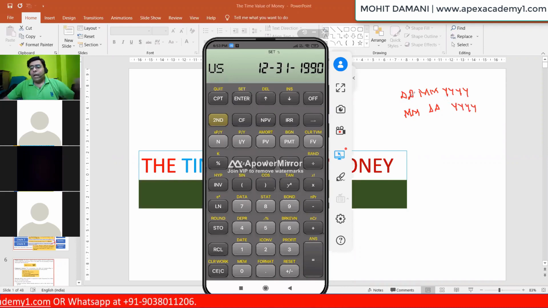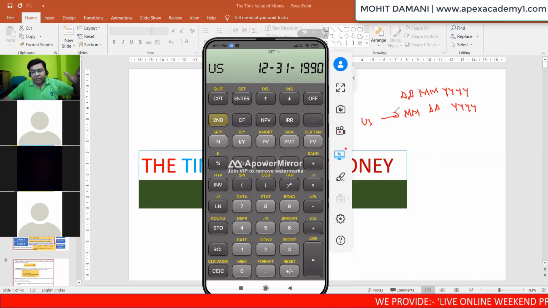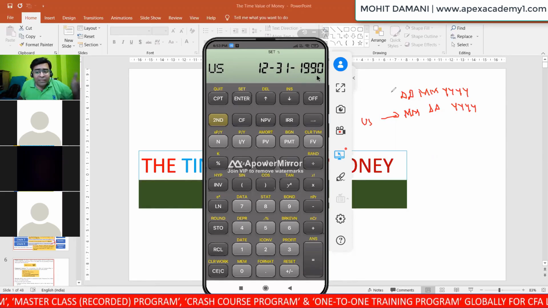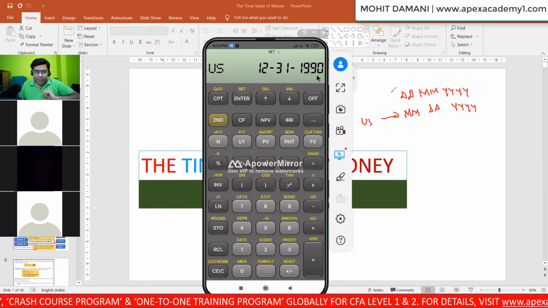Now, as you can see, in the US and globally, this MMDDYY format is followed. So people who are here from the US or in that part of the world where this format is followed will be more relatable and comfortable with this format. The one you see on your calculator, 12-31-1990, is which format? It's, sir, MMDDYY format.